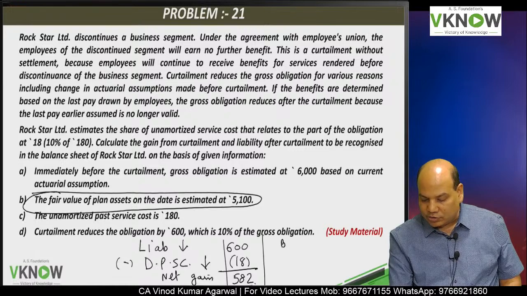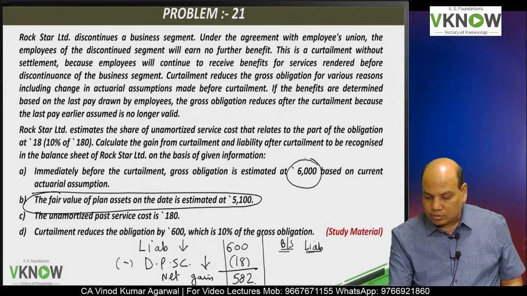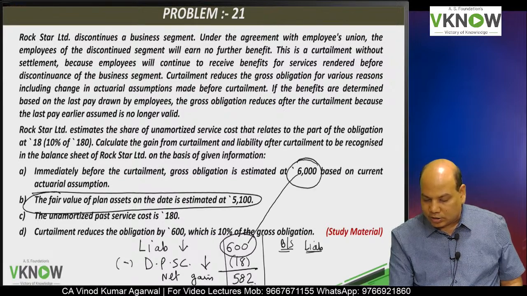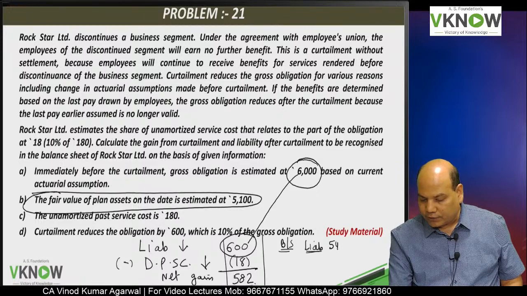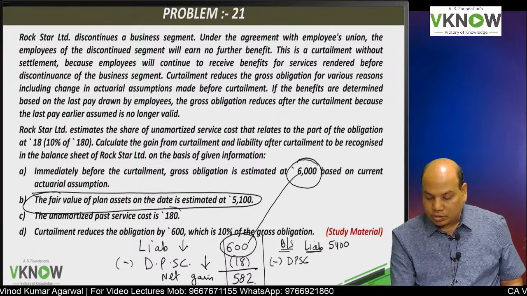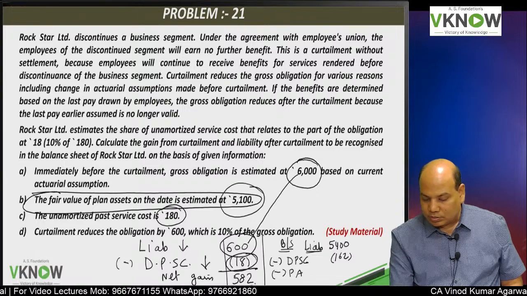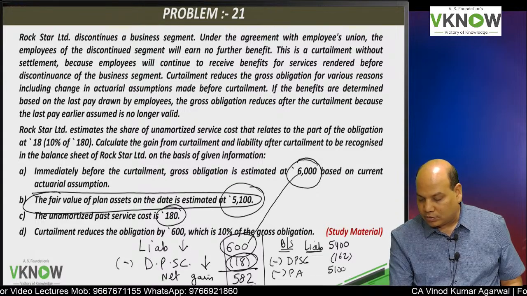Second thing, in the balance sheet, now the liability will appear 6,000 minus 600, 5,400, minus deferred past service cost will appear 180 minus 18, 162, minus plan asset will appear 5,100.